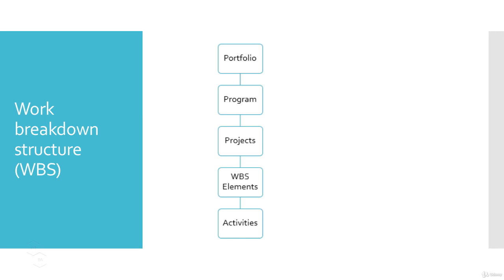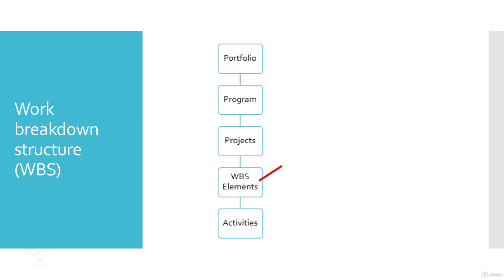Now, next, the projects are further broken down into more manageable small sections or parts that are called the WBS elements, or we can simply refer to them as work packages. Now remember, we said that these WBS elements are work packages that represent the deliverables or end results that we have to achieve as the project progresses.